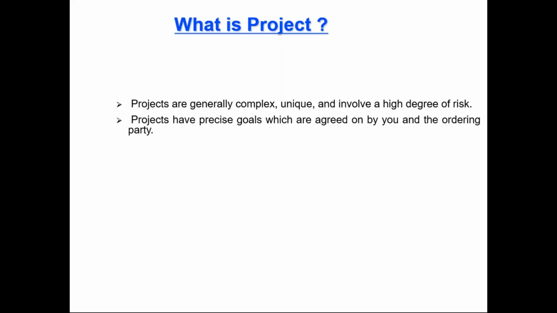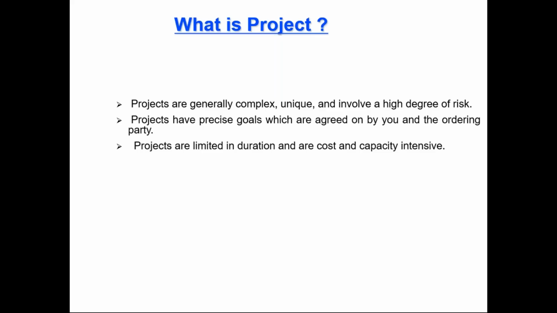It means the project will be ordered by someone and we need to execute it. By considering the nature of ordering, or whether it is as per the business strategy or the organization strategy, we can consider the type of the project. I'll explain it in the next slide.